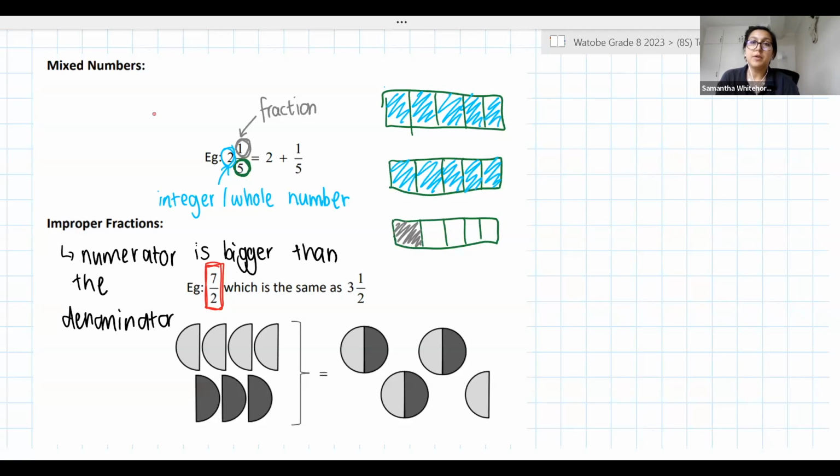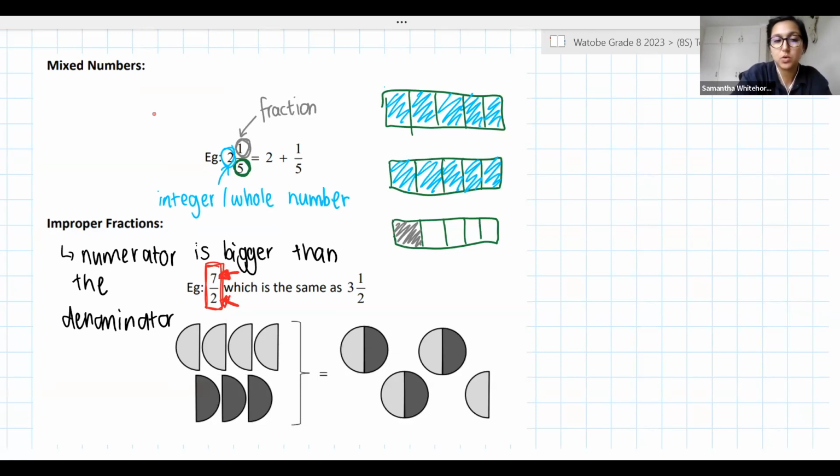Now, like I say, improper fractions and mixed numbers work hand in hand. We can convert between the 2 formats, and we're going to talk about how to do that now. But essentially, an improper fraction does exactly the same thing as a mixed number. We just write the information slightly differently. So if we think about the 7 over 2, we're talking about 7 parts of wholes that have been split into 2.